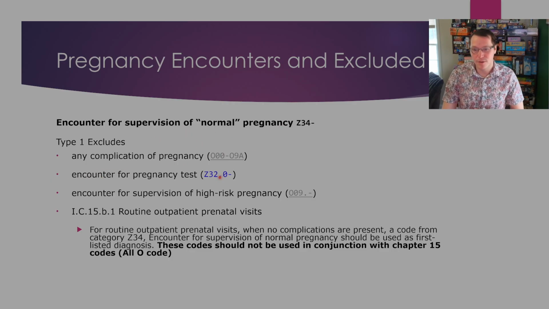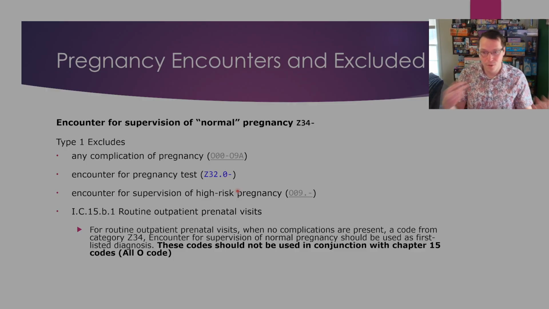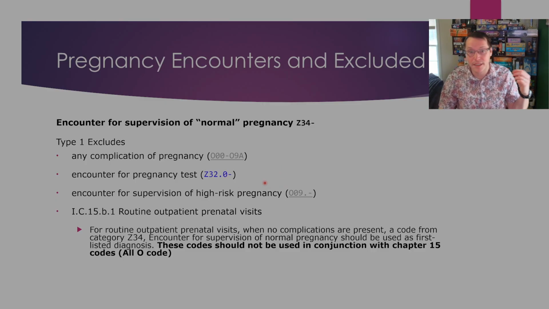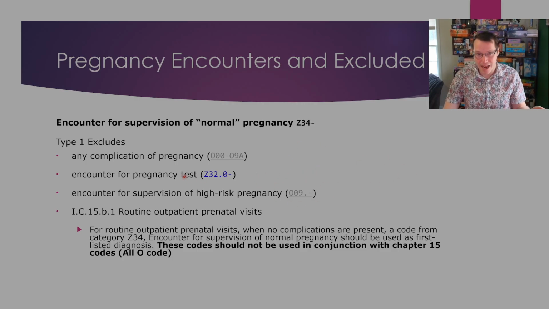And then you see this one here, kind of goofy. Encounter for pregnancy test is an excluded code. So I know you're thinking, well, D, what about confirmation pregnancy visits? How am I supposed to handle that? Quite interesting, and a good way to think about this is when we split the labs off.